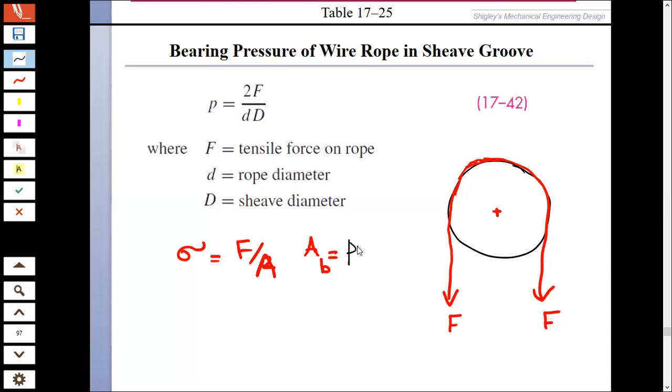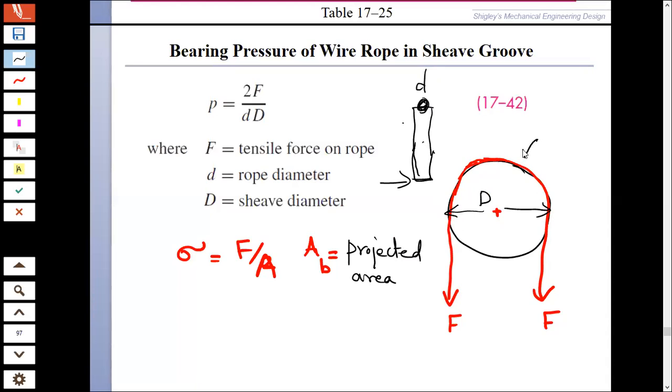It will be the contact area of the sheave. देखिए वो हम क्या काउंट करते हैं, प्रोजेक्टेड एरिया काउंट करते हैं. प्रोजेक्टेड एरिया क्या होगा? देखिए इफ यू लुक एट इट फ्रॉम दिस साइड, दिस इज हाउ इट्स गोइंग टू लुक लाइक. ये आपका शू है, ठीक है जी, एंड देयर इज दिस रोप सिटिंग ऑन इट. तो इस रोप का कोई डायामीटर है ना, डी, ठीक है जी, और इसका जो डायामीटर है दैट इज कैपिटल डी फॉर एग्जांपल, and the rope diameter is small d. ठीक है जी. तो what is the projected area?